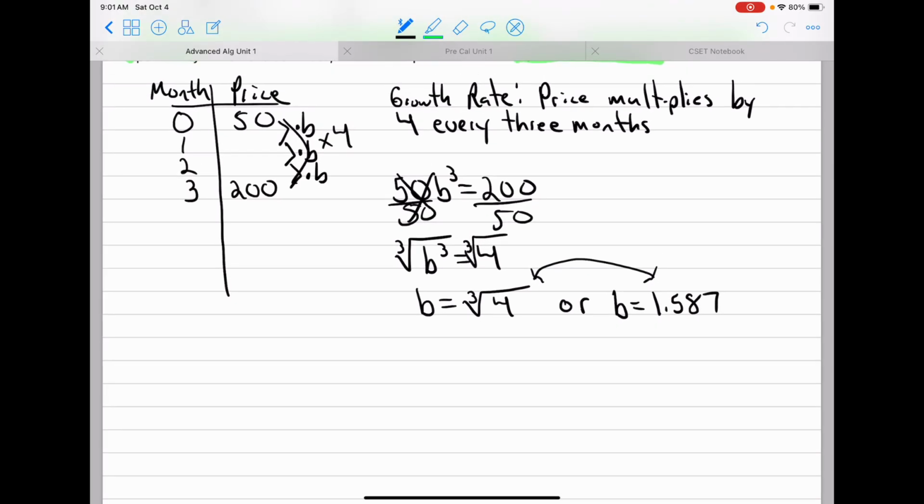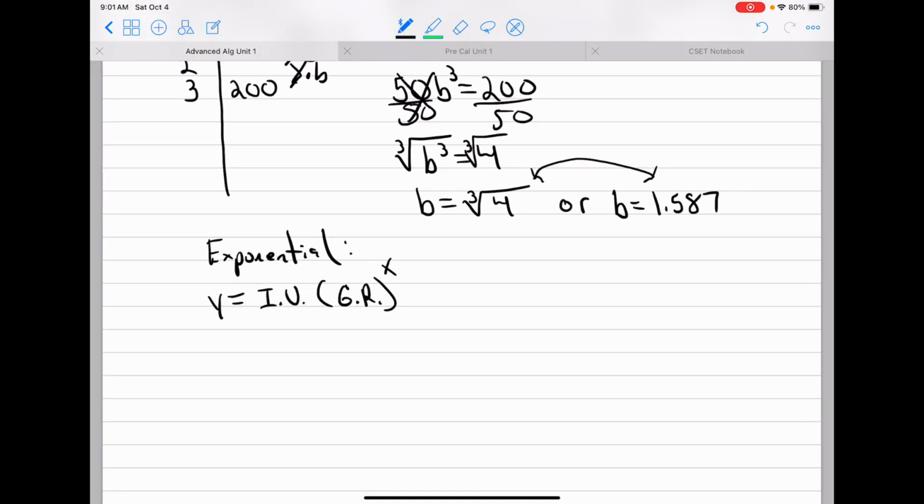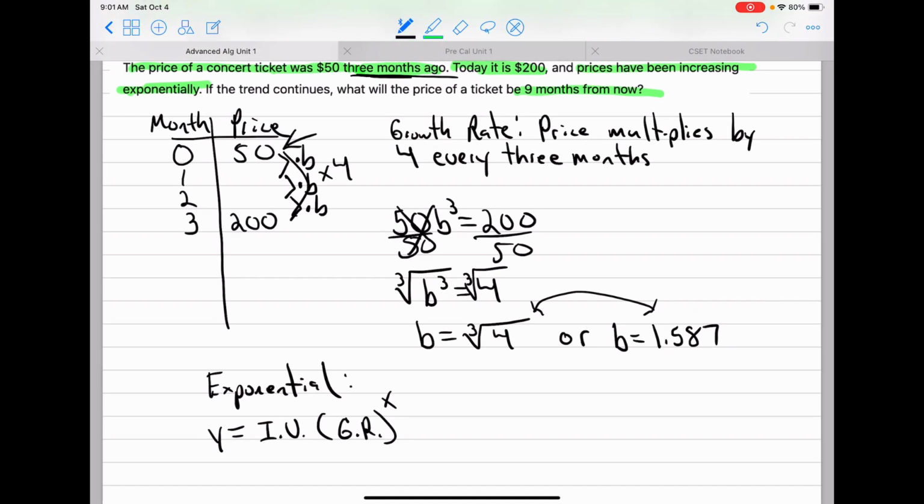So we know that for an exponential, y equals the initial value times the growth rate to the x. So we're going to do it old school first. So on this one, what's my initial value? 50. So for this one, if we're using this growth rate of b, y equals the initial value, 50, times the growth rate, 1.587, to the x.